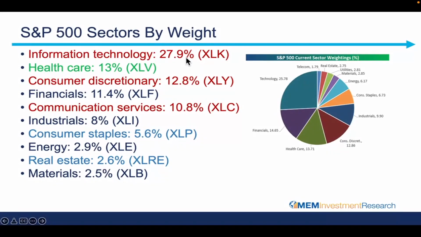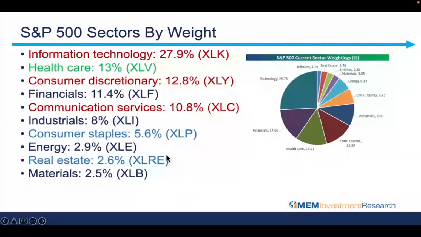Now, I do have these sectors color coded, and the reason is these red highlighted sectors are going to be a bit more volatile. They do have stocks among them that are higher growth and more responsive to investor sentiment, and then also earnings and other factors. Healthcare is green. It also has a growthier aspect to it, but it is part of the defensive areas, and it will not be quite as volatile as these red highlighted areas.